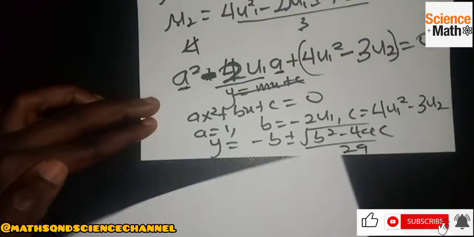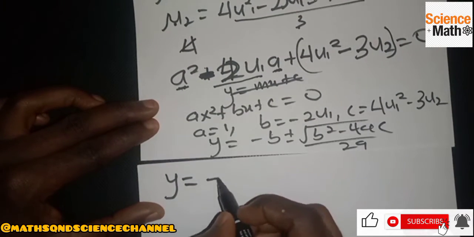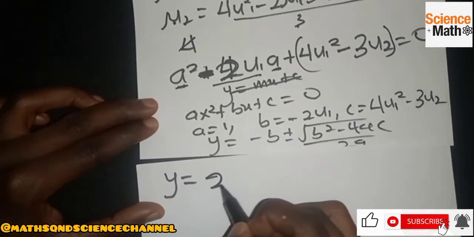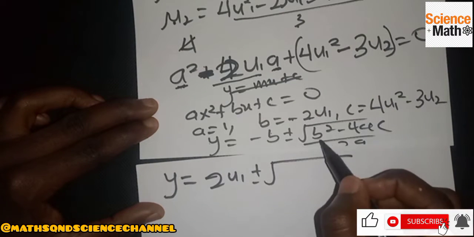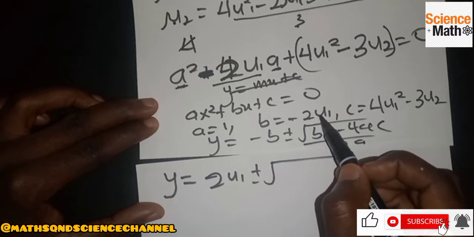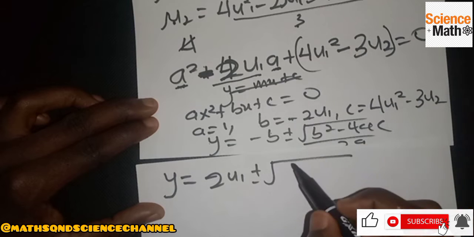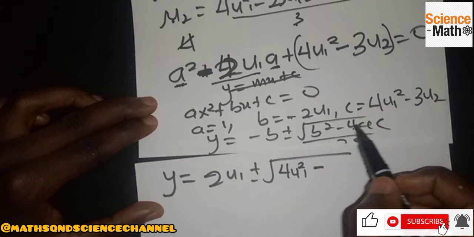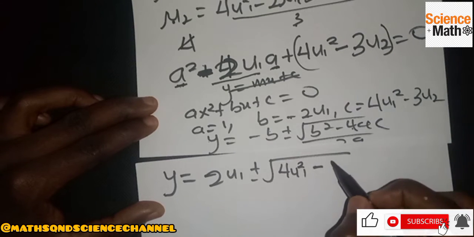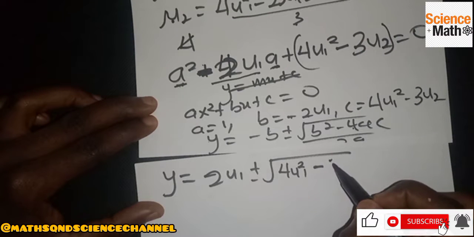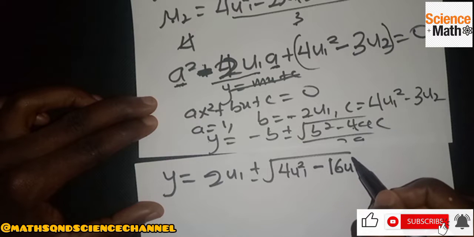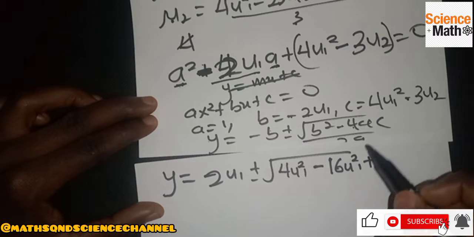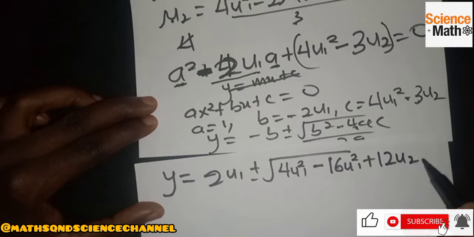So from here y is equal to minus b, which is 2 u1, since negative goes away, giving us positive 2 u1 here, and then plus or minus the square root of b squared, which is 4 u1 squared, and then minus 4 multiplied by a, which is 1, and then multiplied by c here, which gives us 16 u1 squared, since negative multiplies this, gives us positive, and 4 multiplied by 3 is 12 u2 in this case.